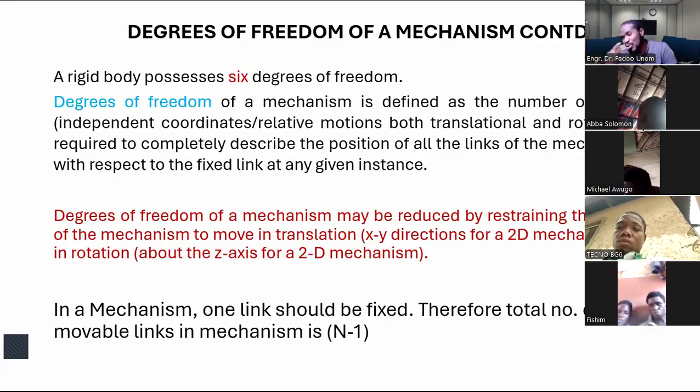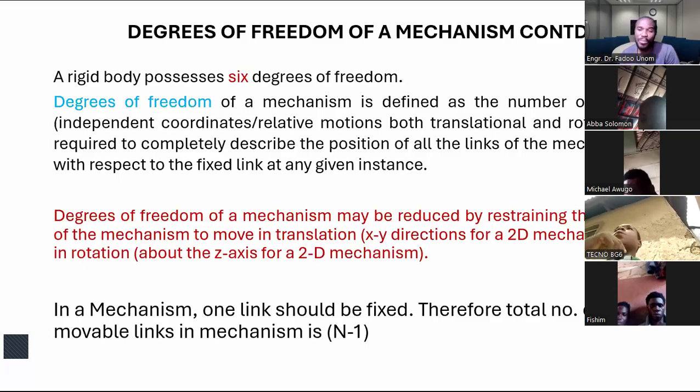It can also rotate about the x-axis, the y-axis, and the z-axis. Now, if you prevent that body from moving in any of these 6 ways that we've described, then you've reduced its ability to move generally by a degree. And so you'd have reduced its degree of freedom.